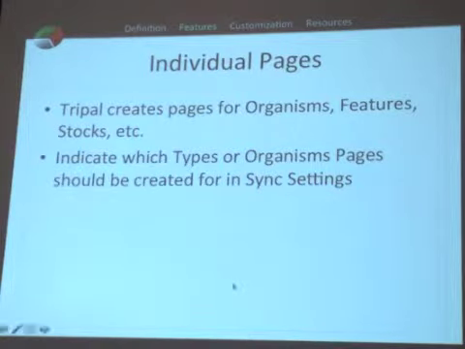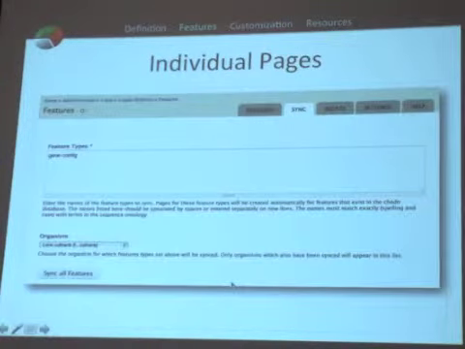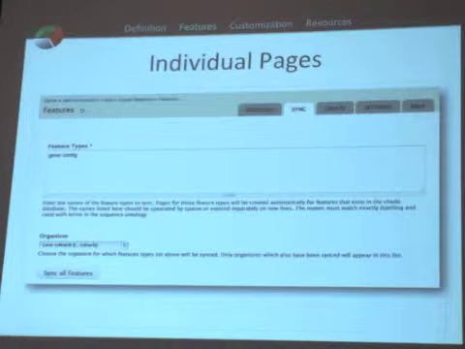You often don't want pages for all of your feature types. So you can actually select in here which feature types you want to create pages for. The page creation is a separate process, a syncing process that creates this content, so you do have to run that periodically as your data changes.